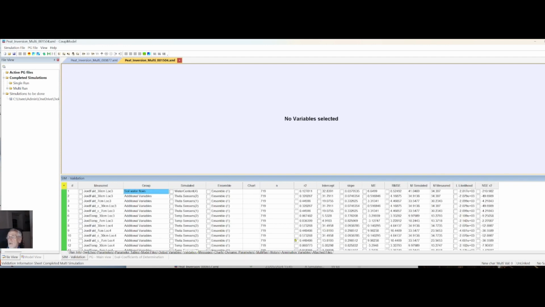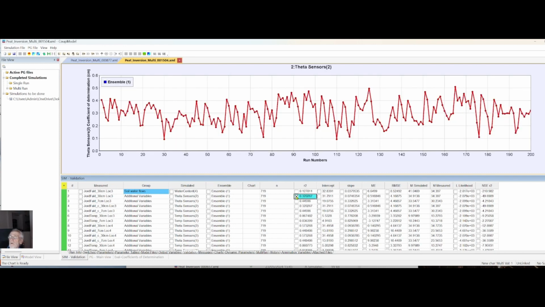And then we revisit the same validation tab, and we can, for instance, look to the R² value of the theta sensor at 30 centimeter. And then we see that now it's much better. It is from 0.1 up to 0.4, at least 0.5, yeah, not too bad.